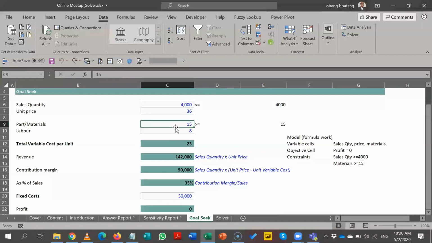The reason I didn't add labor is that in my simulation, labor wasn't a factor, but you can add labor if you want labor to also change. So bottom line, if you don't select it, it means you are allowing it to be constant. But if you add it, it means it should be part of the simulation.